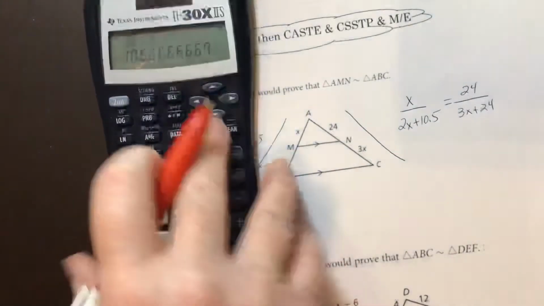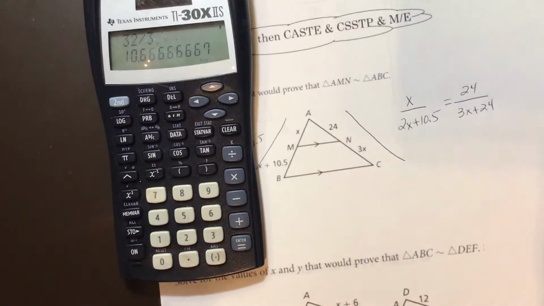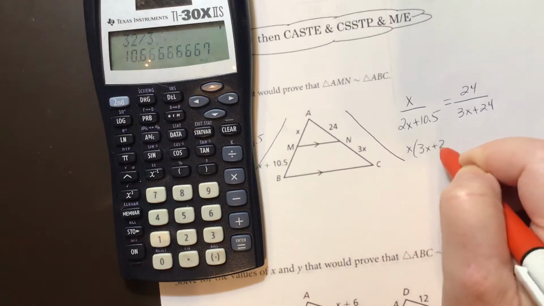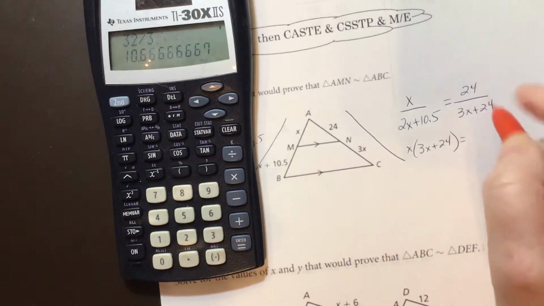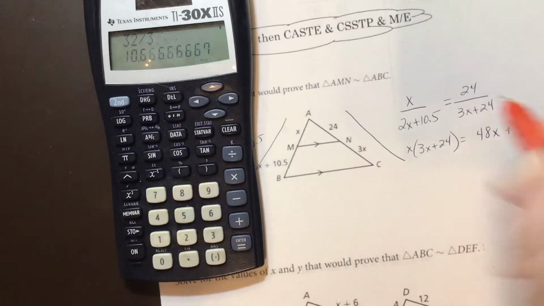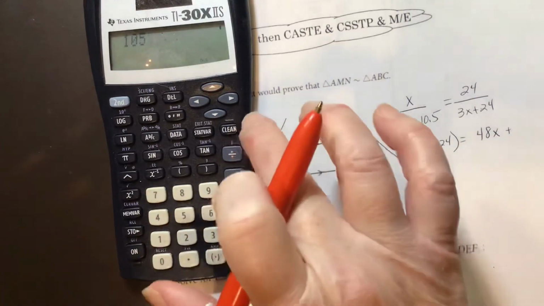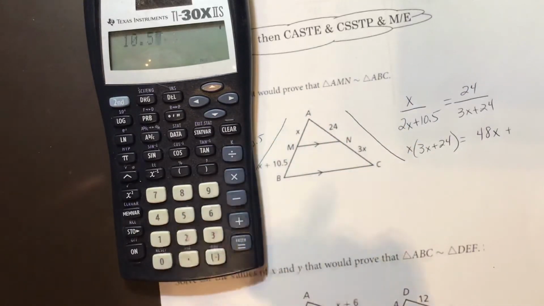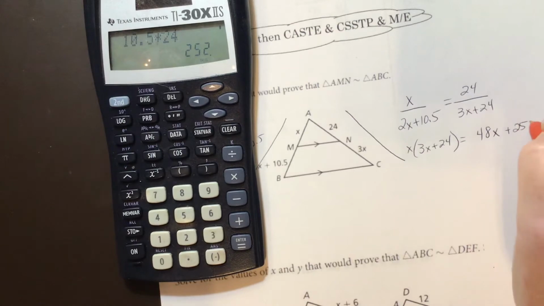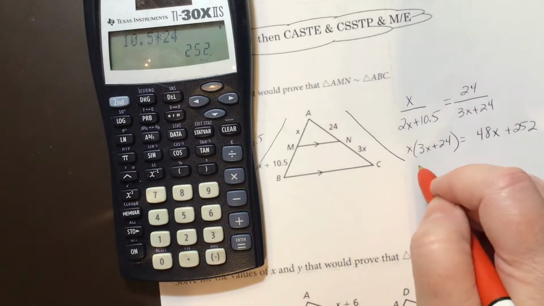So then we're going to take a minute to cross multiply and solve here and see what we come up with. So we'll have x times 3x plus 24 is equal to 48x plus 10.5 times 24, 252.